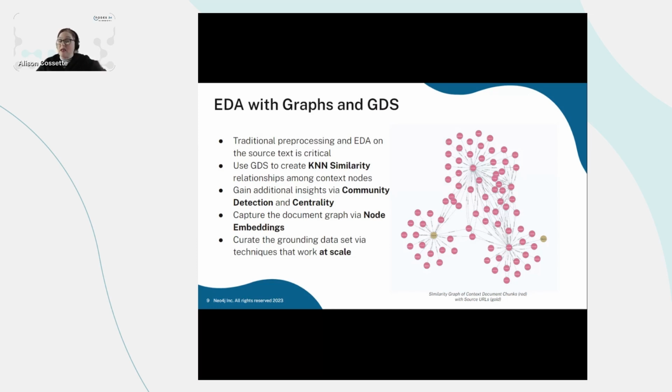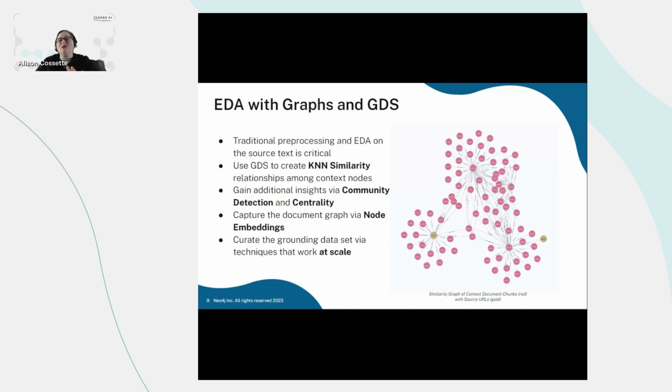And this is going to be based on cosine similarity of the embedding of that chunk that's in the node. What that will do is allow you to get insight as far as community detection and or centrality.